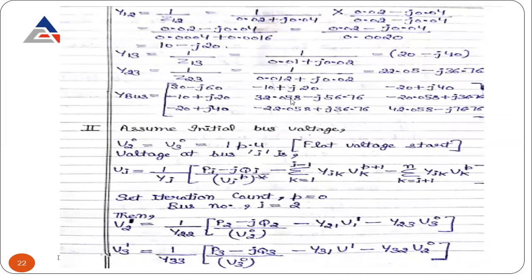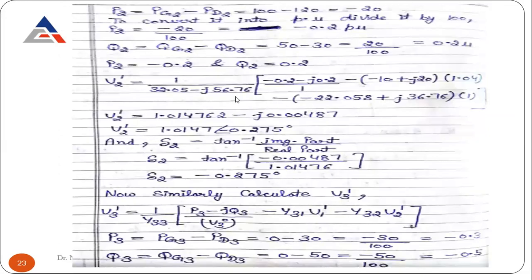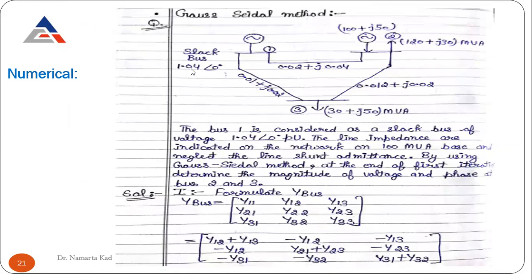Then P2 minus jQ2 divided by the initial value of V2 that we have assumed as 1, minus Y21 times V1, which is given in the question as 1.04 for the slack bus.